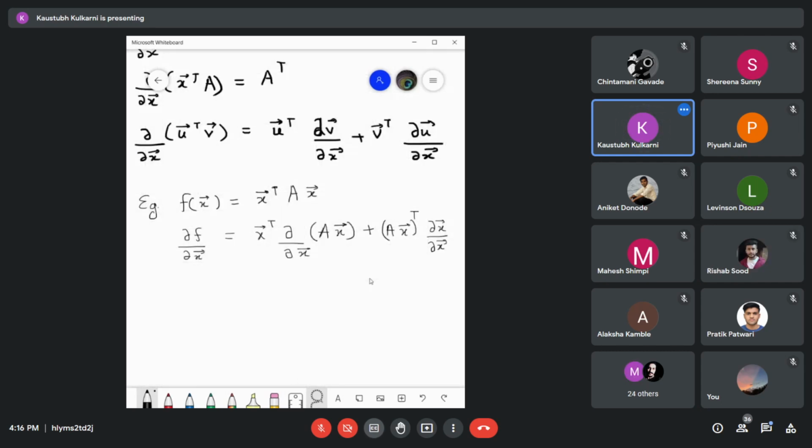Okay, can you identify how we have applied this rule?